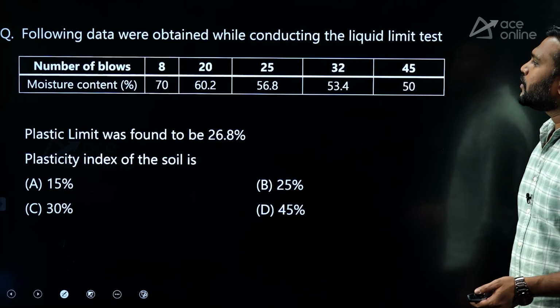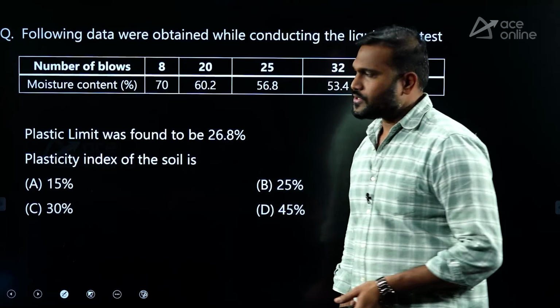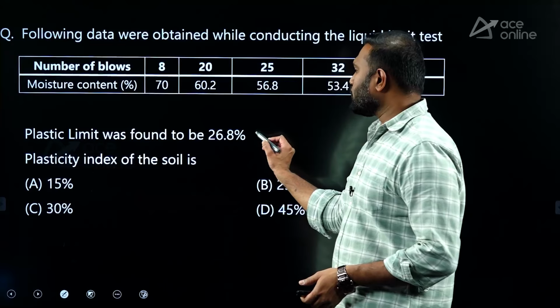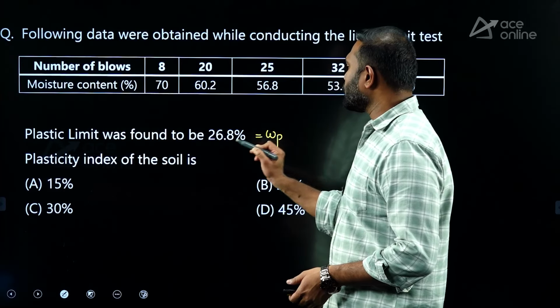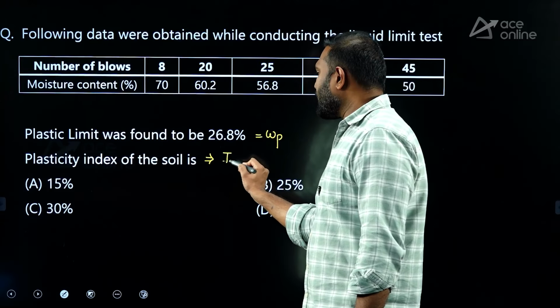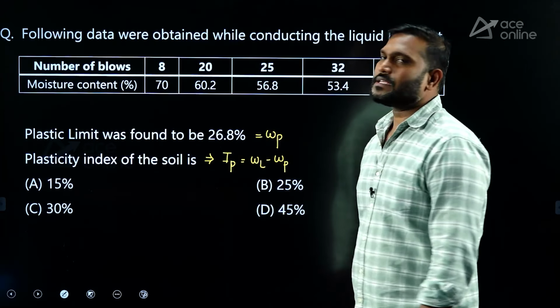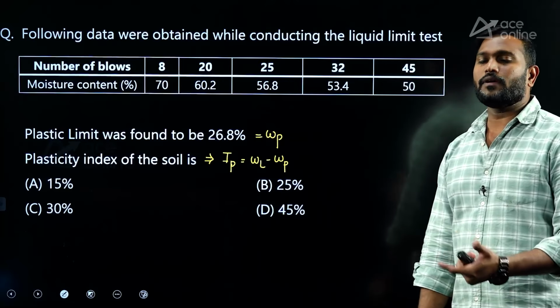Okay. Now, the following data were obtained while conducting the liquid limit test. The plastic limit, WP, was found to be 26.8. Now, what is the plasticity index? The plasticity index is WL minus WP. You know the plastic limit. Now, what is the liquid limit?